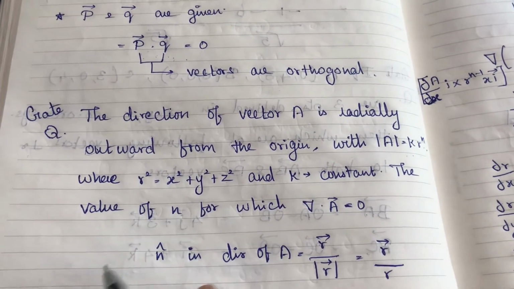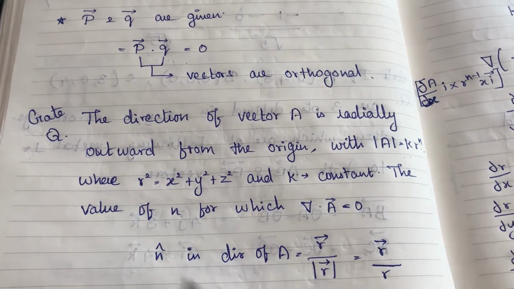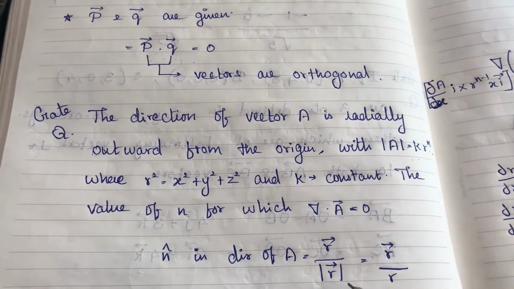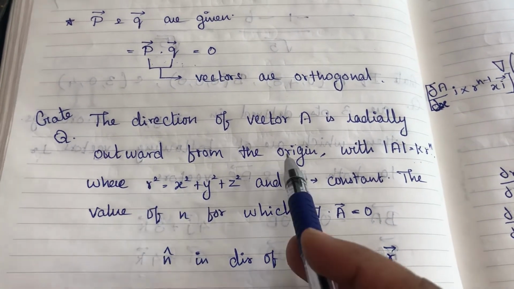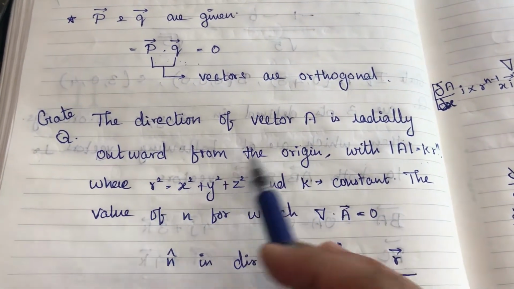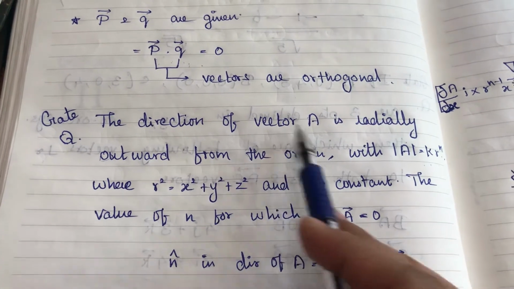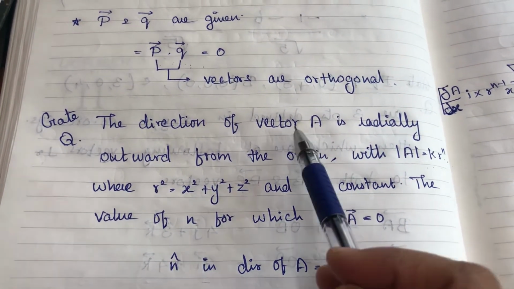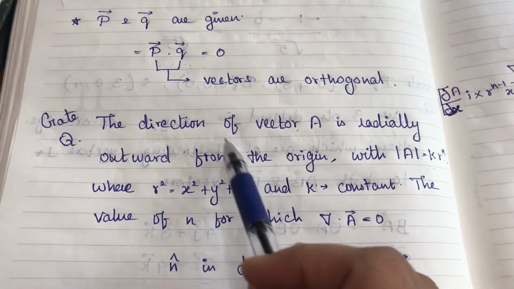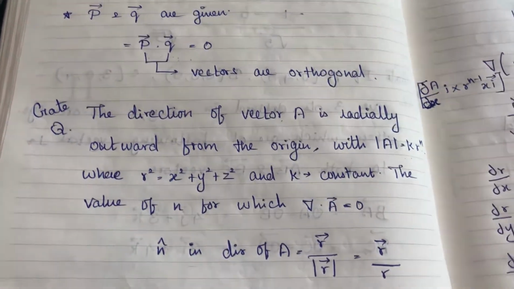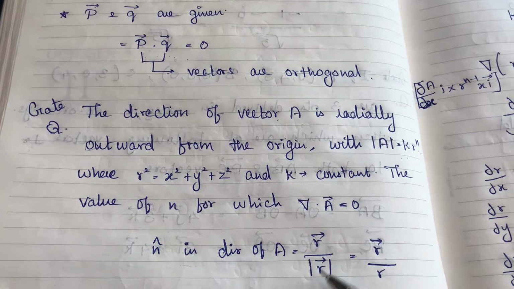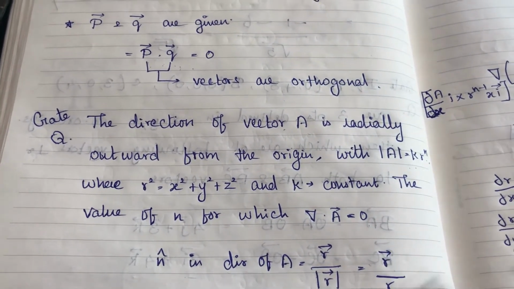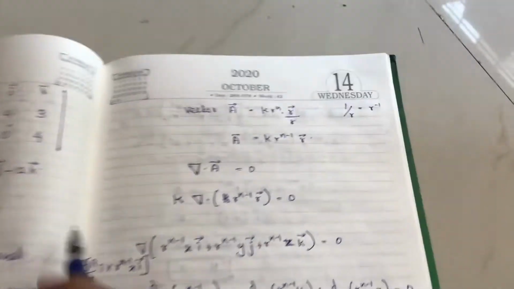So we know that N cap is nothing but R vector by modulus of R, because the R vector is the directional vector. N cap in the direction of R will give the R vector. So R vector by modulus of R. Then we will go to the A vector. What is the A vector here?